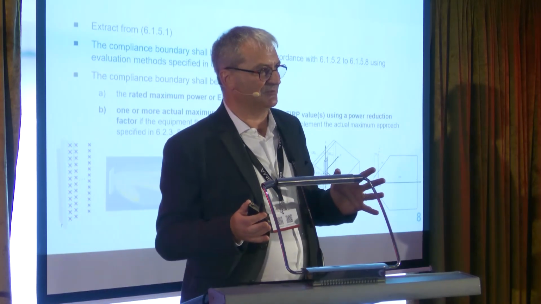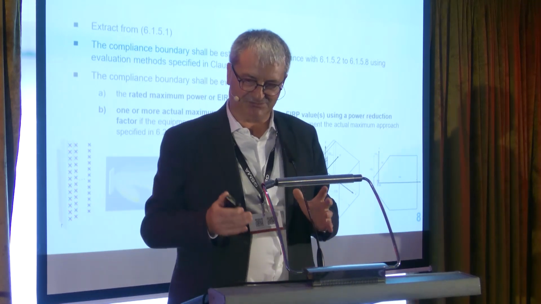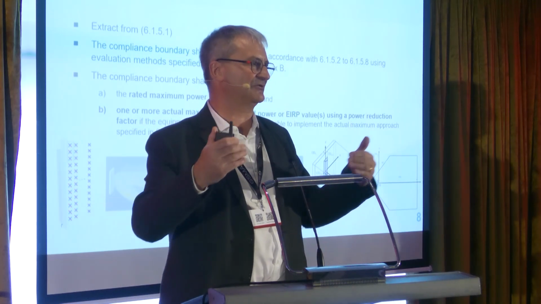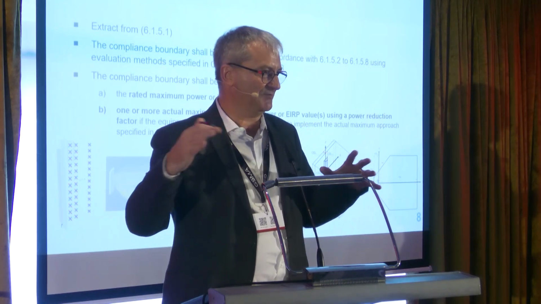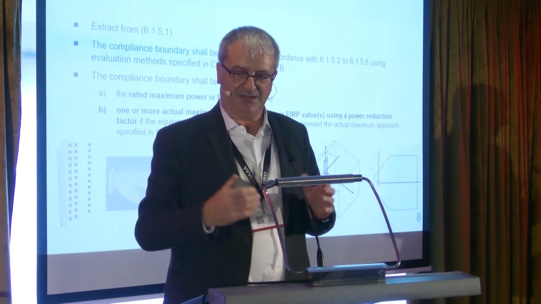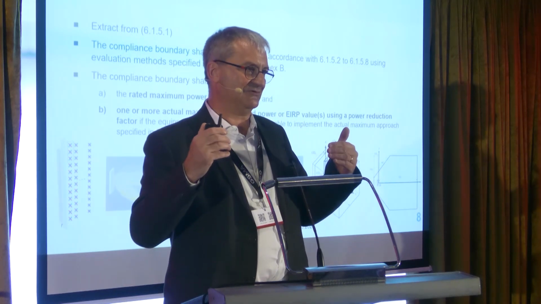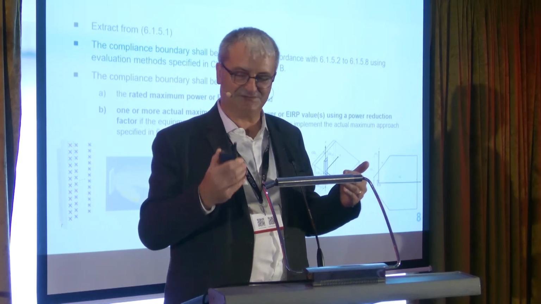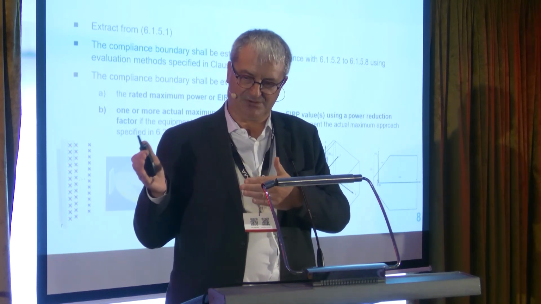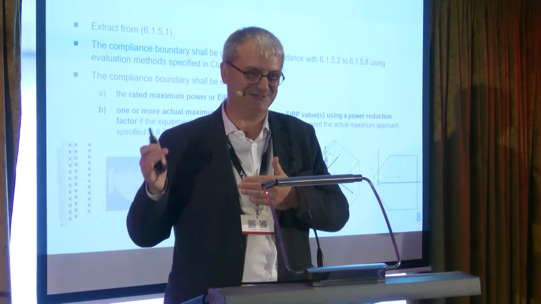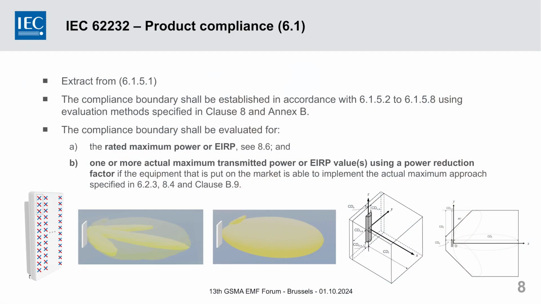Let's start with product compliance. Product compliance is about establishing a compliance boundary in front of the base station. And the methods are described in detail. What is specified is that the manufacturer, when doing this assessment, shall base it on the rated maximum power, so that's the maximum power that the product can transmit.